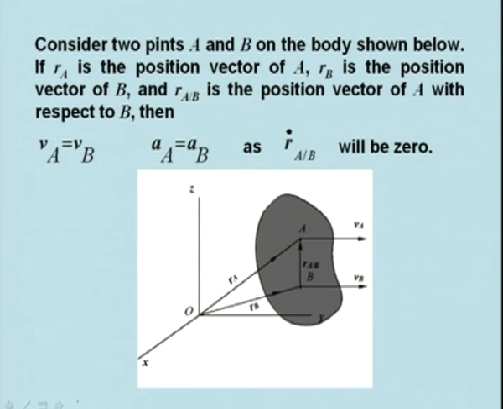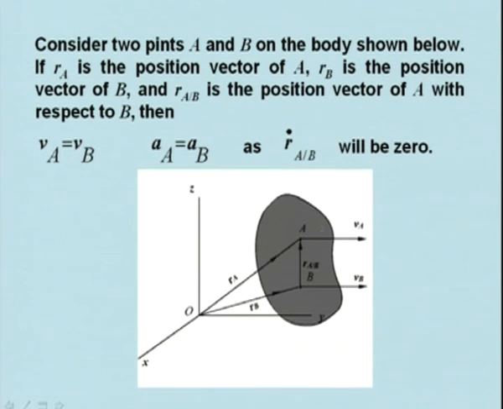Now consider this figure, with 2 points A and B on the body. If RA is the position vector of A, RB is the position vector of B, and RA/B is the position vector of A with respect to B, then VA is equal to VB.